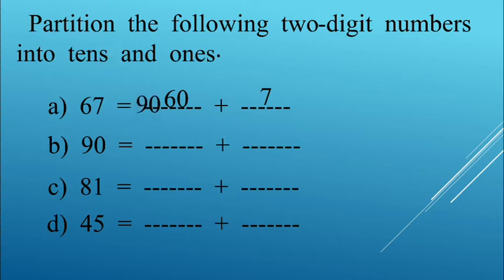We got 90 plus 0. From 81, 80 plus 1. And 45, 40 plus 5. Did you all get the correct answer? Well done.